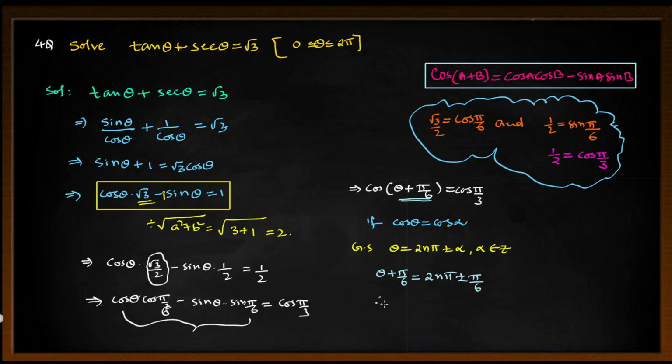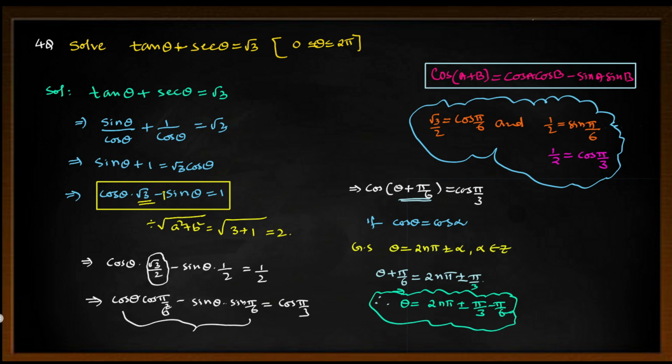Anyway, we have to make theta the subject. So the final answer is theta equals 2n pi plus or minus pi by 3, minus pi by 6.